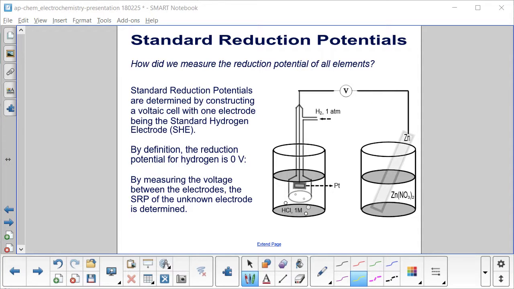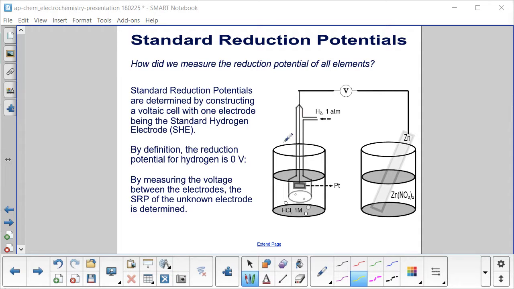So how is it that now we know the reduction potentials of all the elements, and we can just go look them up in a table? Standard reduction potentials are determined by constructing a voltaic cell with one electrode being the standard hydrogen electrode, since we know that by definition the reduction potential for hydrogen is 0.